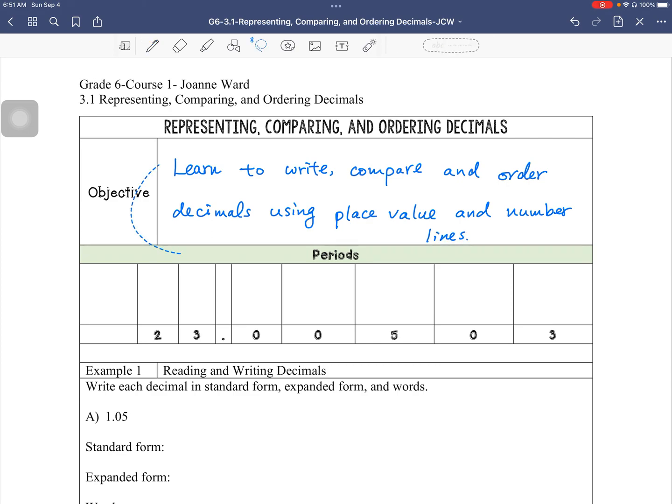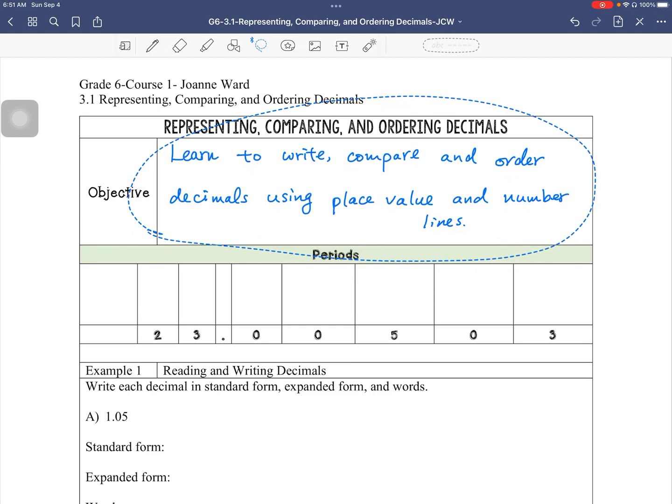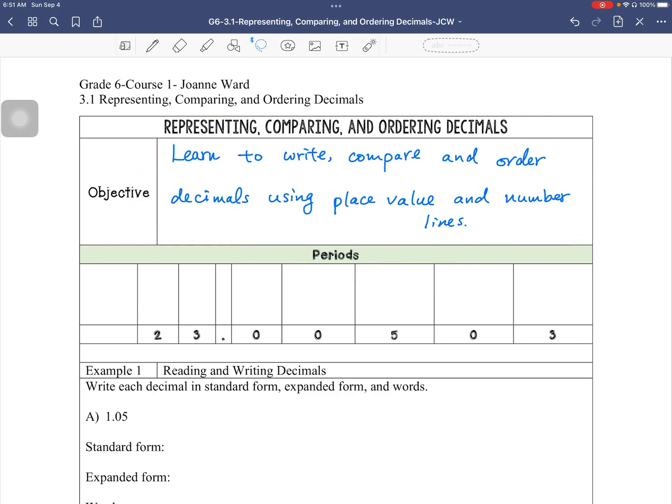So I want to learn to write, compare, and order decimals using place value and number lines.